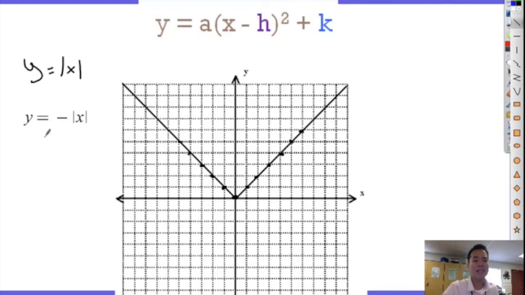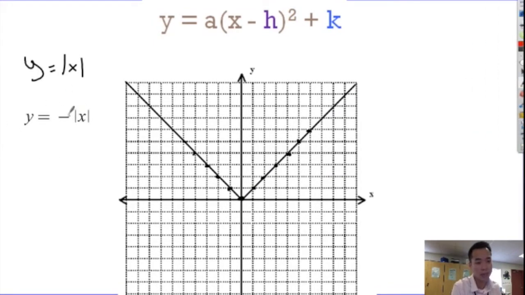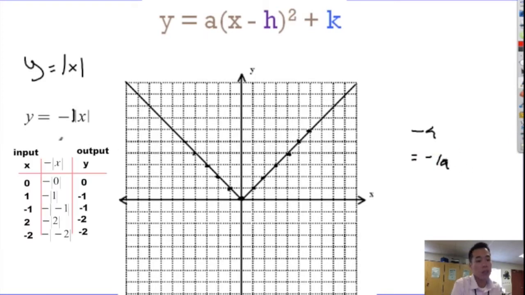So when you have y is equal to negative absolute value of x, if you're not really sure about this negative on the outside, remember that the coefficient, if it's just negative, is a negative 1. Kind of like if you have negative a, that's the same thing as saying negative 1a. We just choose not to write the 1. So you can quickly build a t-table if you're not too sure. I'm going to build negative 1 times the absolute value of x, and I'll get my output.